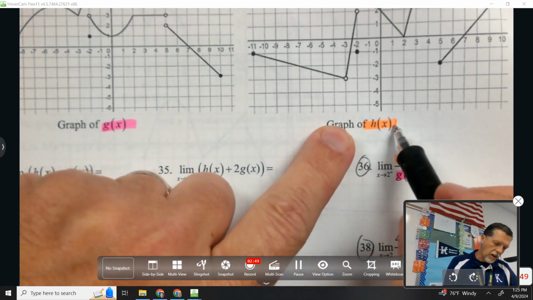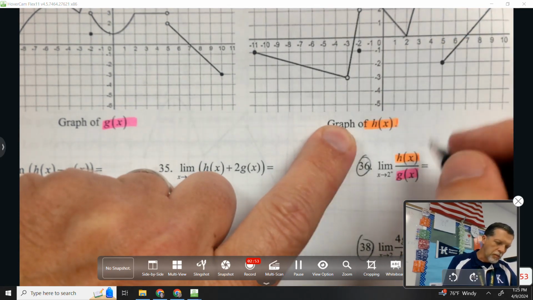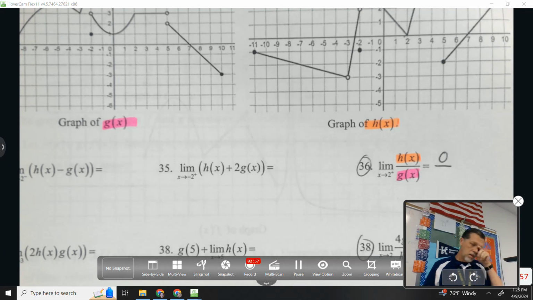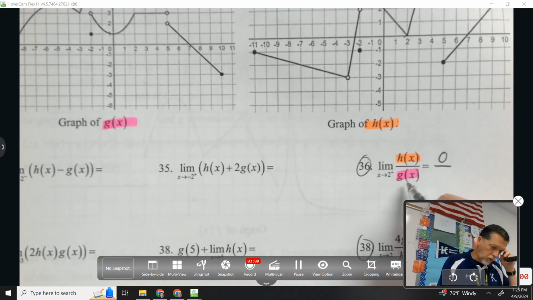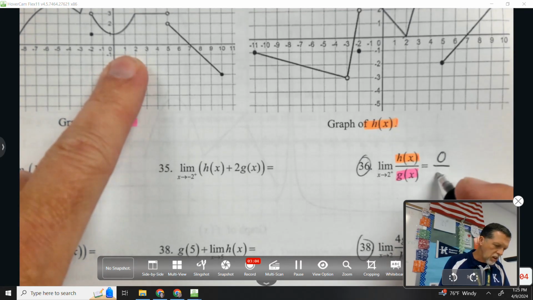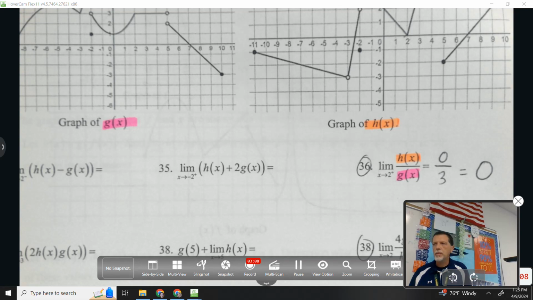So look at the graph of h. X approaches 2 from the right or the left, doesn't matter, that's 0. Limit as x approaches 2 from the right on g, that's 3. 0 divided by 3 is 0.